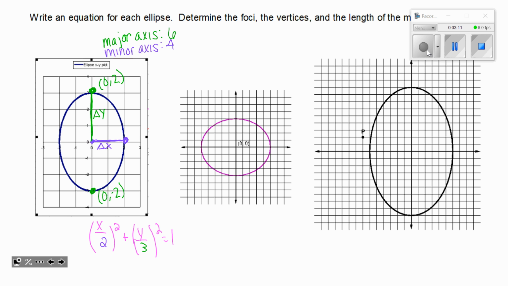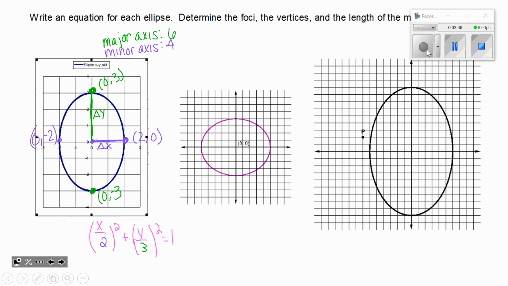Oh, sorry, those are 3s, aren't they? I apologize. Those are 3s. I cannot count. So -3 and 3. The covertices are the 2, so that's 2 boxes away. So that's 2, 0, and -2, 0. So those are our covertices. Again, they're on the minor axis.